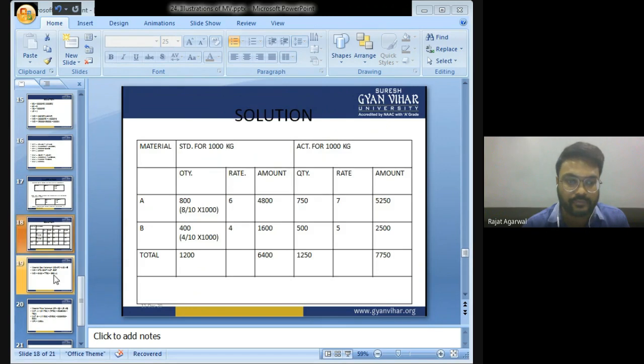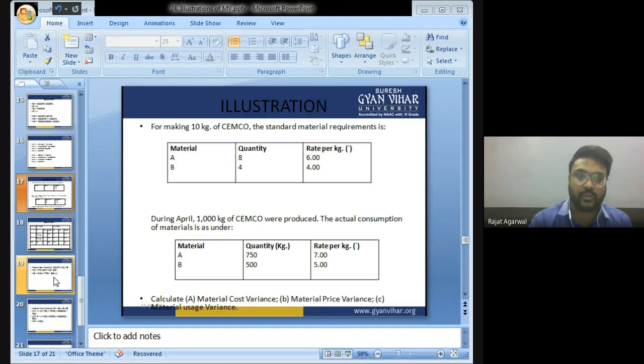Now बच्चों, this is your homework. You have to calculate three types of variances: material cost variance, material price variance, and material usage variance. I am repeating it once again. To manufacture 10,000 kg of Chemco, we require two materials, A and B. Material A, we have consumed 8,000 kg, and material B, we have consumed 4,000 kg. Standard rate per kg of material A is 6 and of material B is 4.